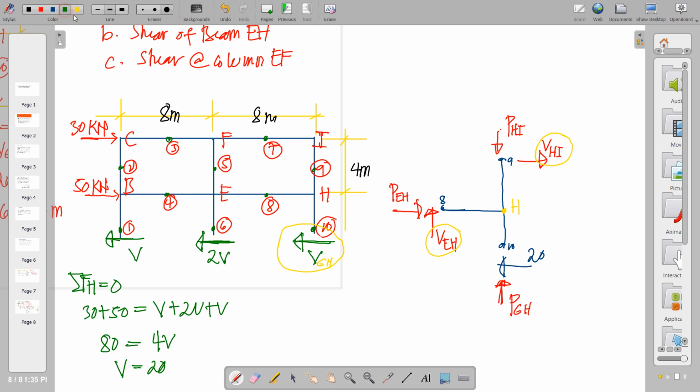Let us label the distances here. See, this is 2, this is 3, and this is 4 meters.